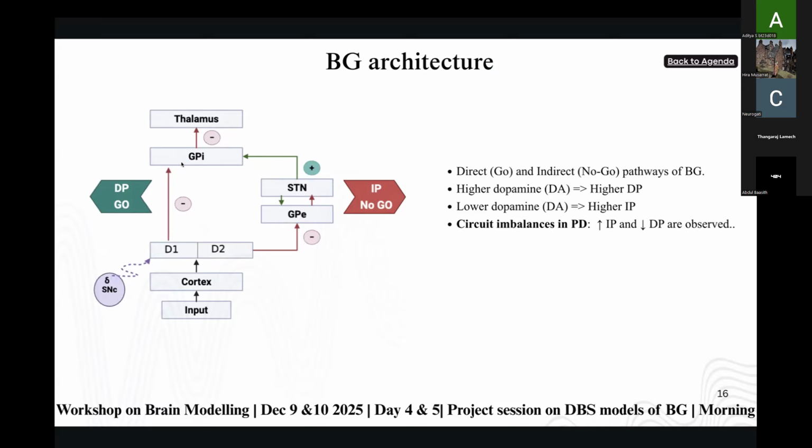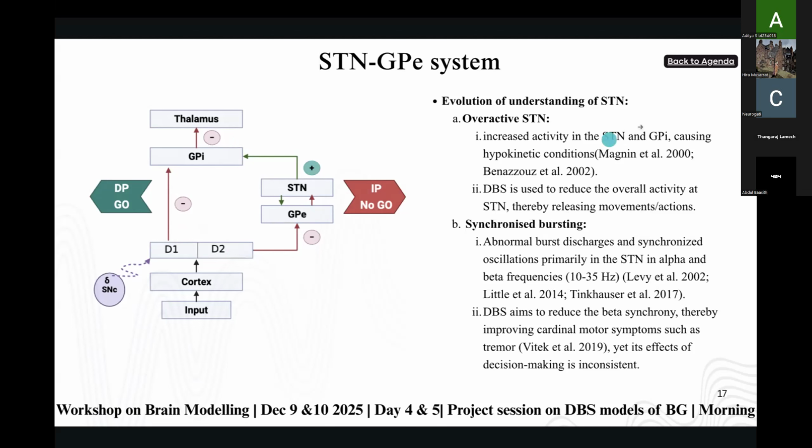So technically, in the indirect pathway, one very, very important structure comes up, that is STN-GP. And these dynamics are very well studied across literature. So let's also have a brief look at what happens to the biological dynamics of STN and GPE. Let me go through that. If you look at the evolution of understanding of the STN-GPE system, as I already mentioned, the indirect pathway gets overactivated.